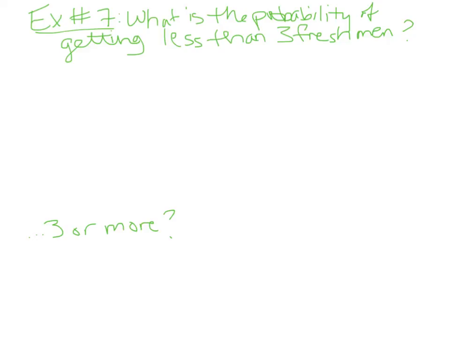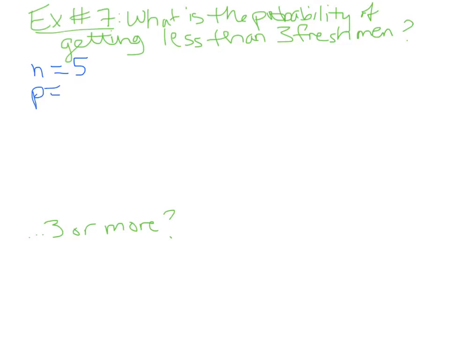Our last type of example is probably our hardest one. And we're not going to do this by hand, we're just going to do it using a calculator. So for example number 7, we're still going to be using the same situation where we had a total of 5 students.